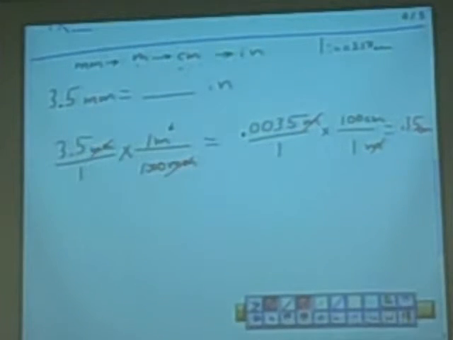Alright, so 0.35 centimeters, right? But we're not finished, so we're going to continue that over here. 0.35 centimeters over 1. Okay, now we're going from centimeters to what? Inches, right? And we know that our conversion is 1 inch to 2.54 centimeters.